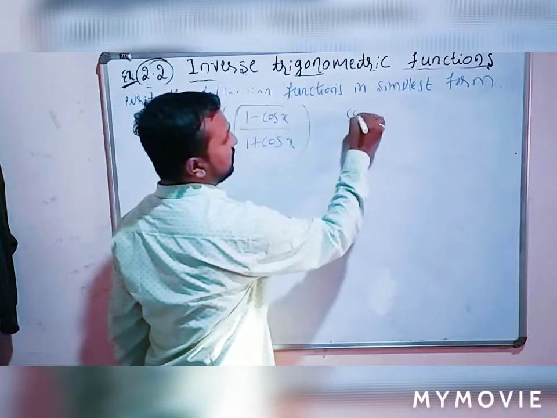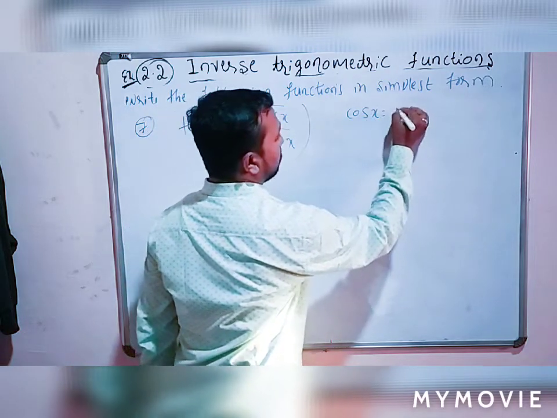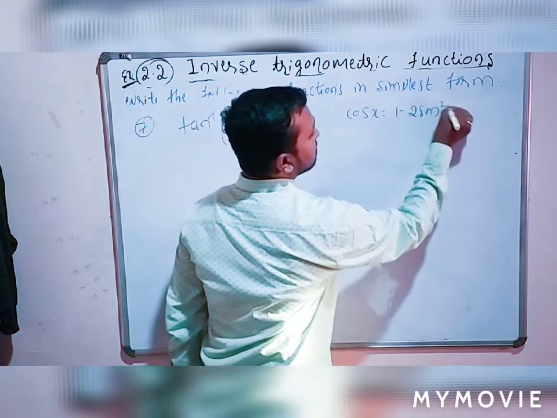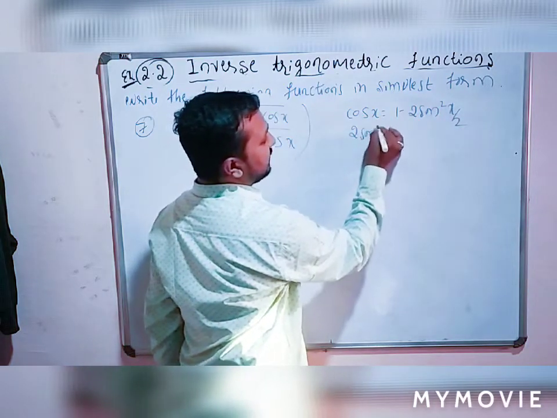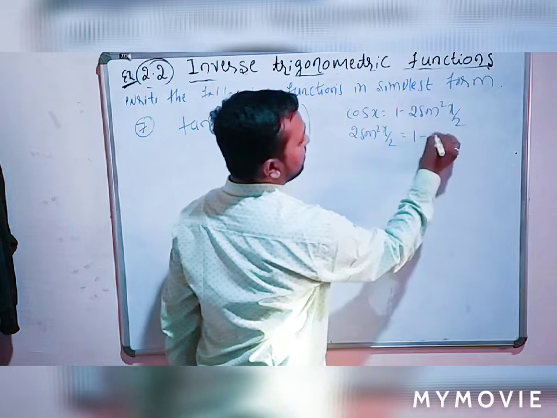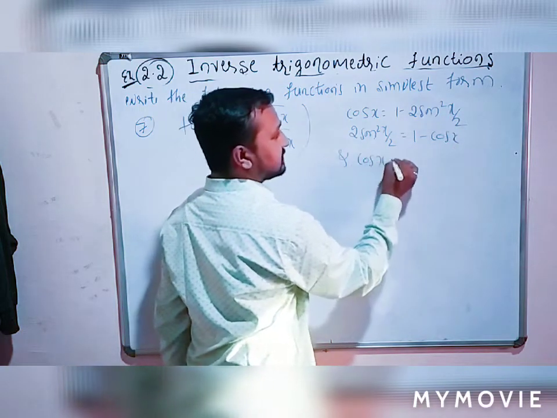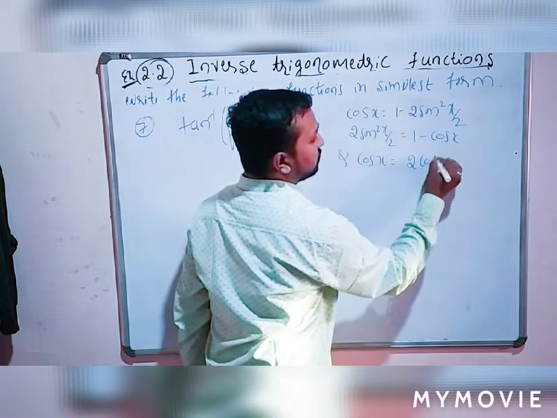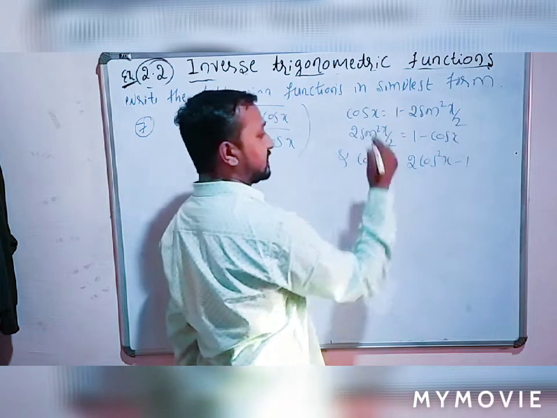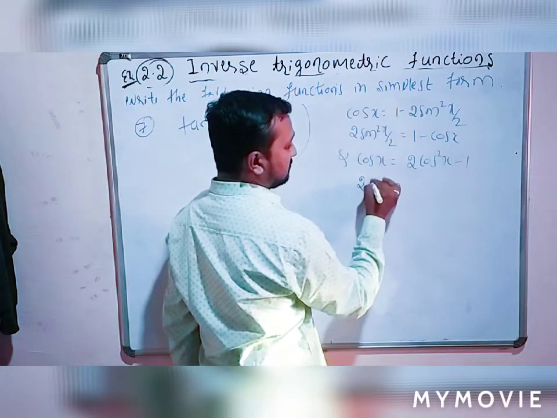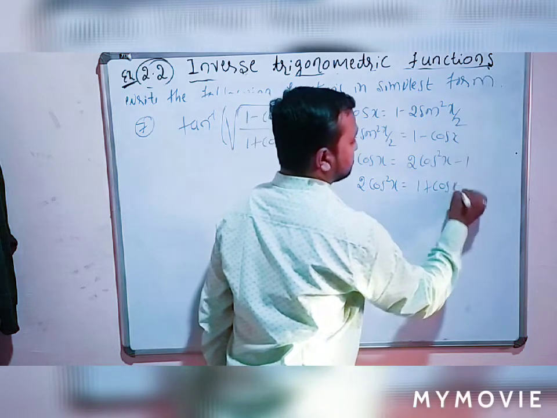Already we know the half angle formula cos x equal to 1 minus 2 sin square x by 2. By using this, 2 sin square x by 2 is equal to 1 minus cos x. And again cos x equal to 2 cos square x by 2 minus 1, and minus 1 shifted to that side, we will get 2 cos square x by 2 equal to 1 plus cos x.